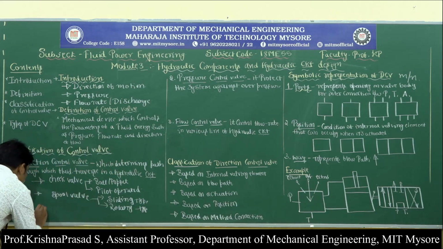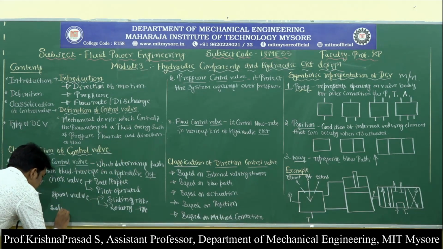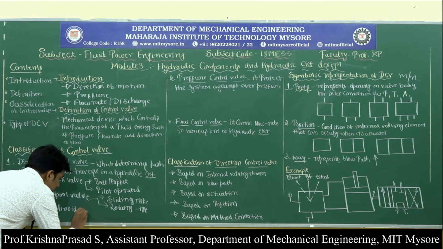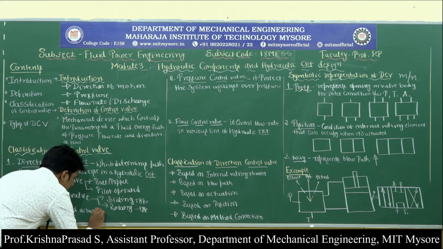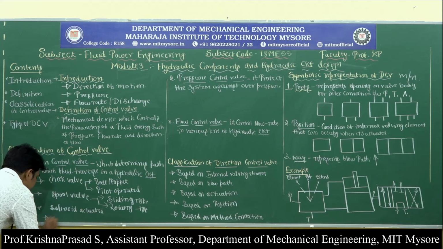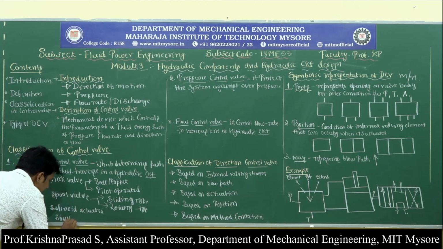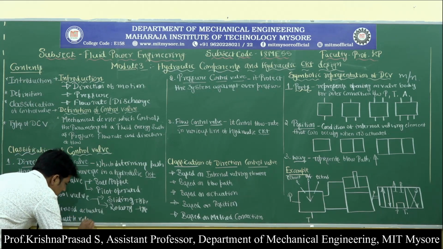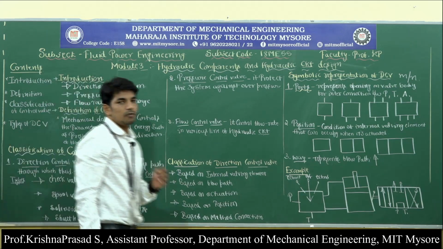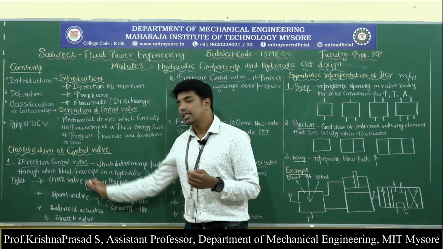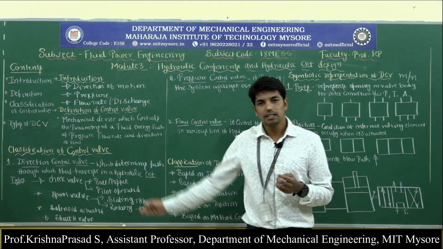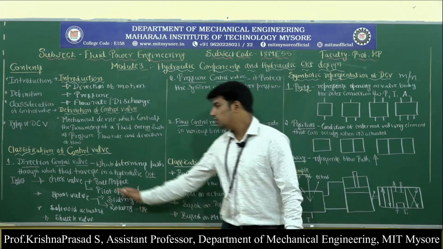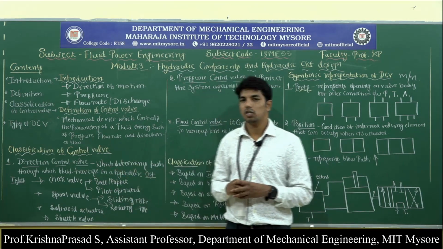Then third one is called solenoid actuated, and fourth one is called shuttle valve type. Detailed construction and working of these types of direction control valve we will discuss in the further classes. So first we need to understand what are the different types of direction control valve.